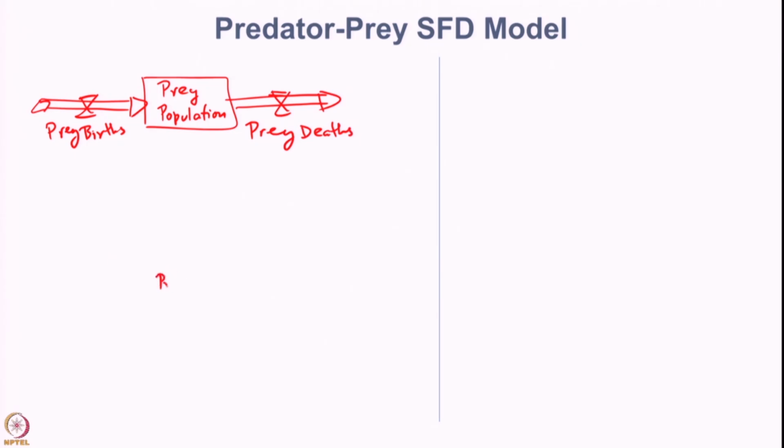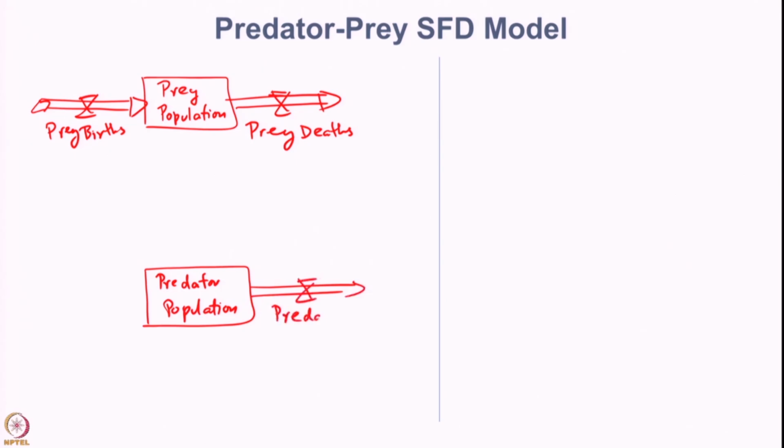Here we have predator population, this will be predator deaths, this will be predator births.